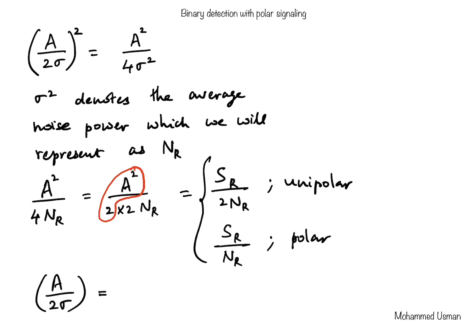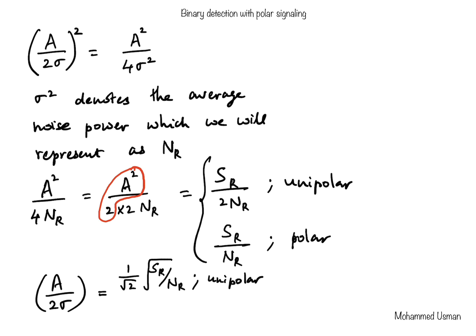So A by 2 sigma is basically equal to 1 by root 2 times the square root of SR by NR for the unipolar case.